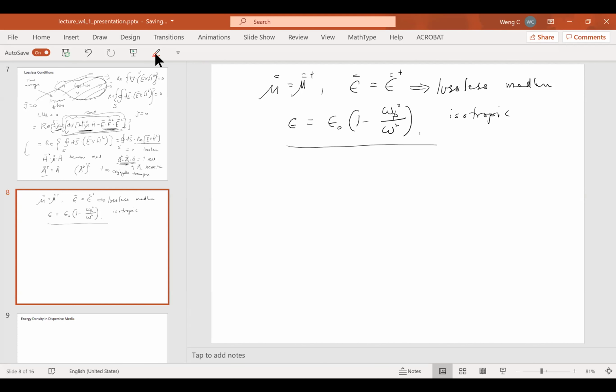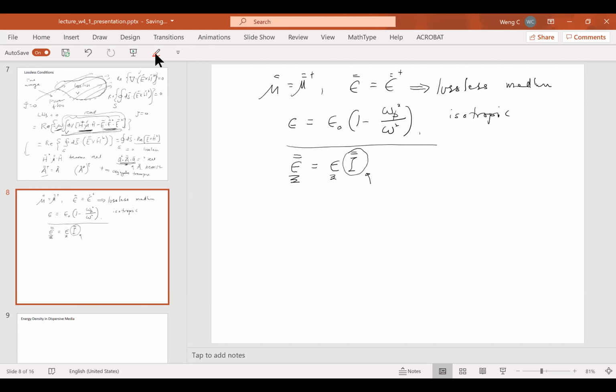Maybe it's hard to think because I suddenly switched over from using a tensor notation. You can think of a tensor for an isotropic medium as just a scalar times the identity matrix. So if this is going to be a Hermitian tensor, what does epsilon have to be?